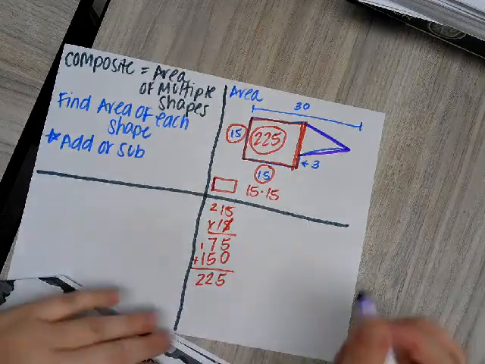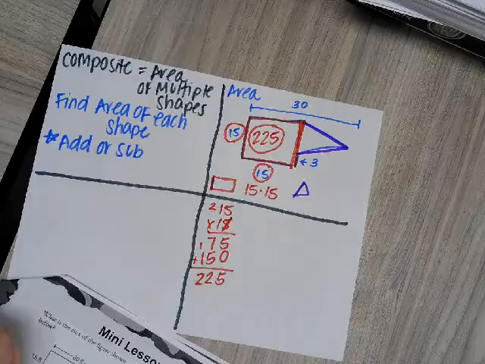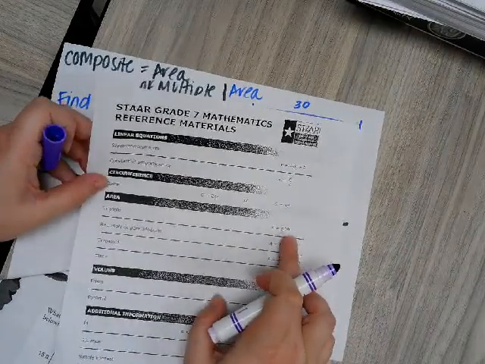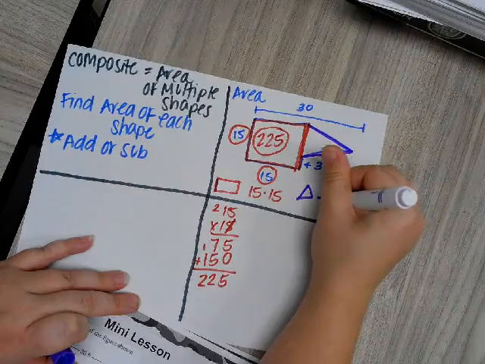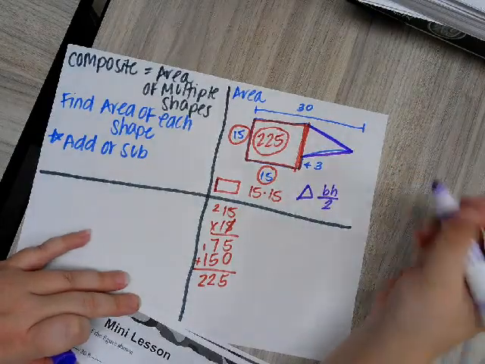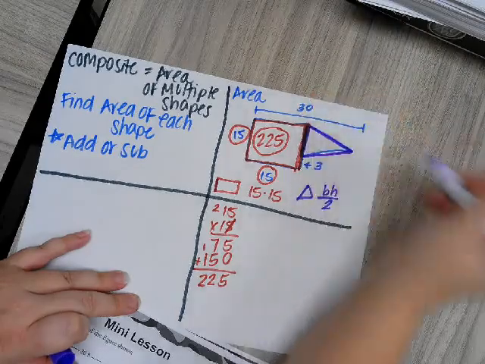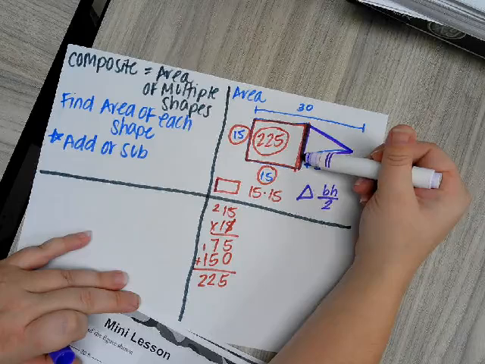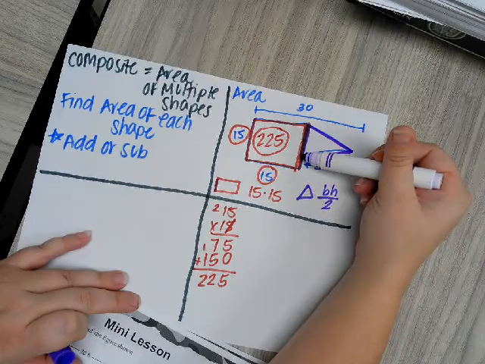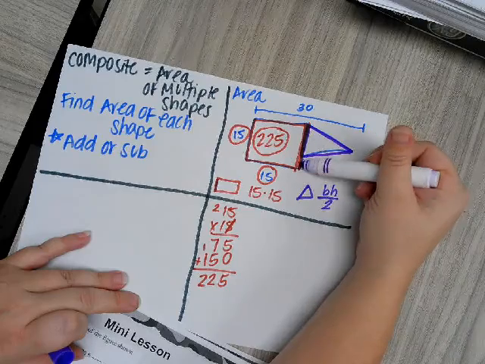So now I need to work on my triangle. I know that a triangle is 1/2 base times height, or base times height divided by 2. If I look at the base of my triangle, just this part, it's not 15, because the whole side is 15.